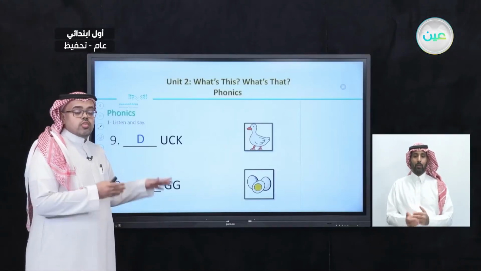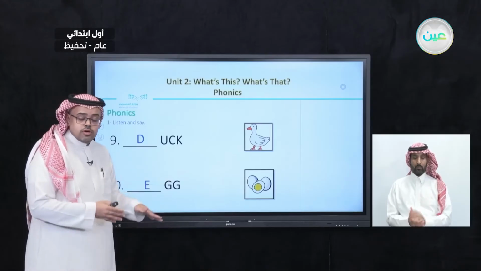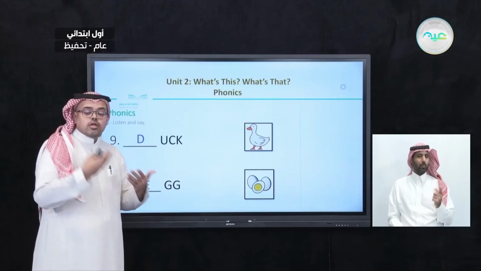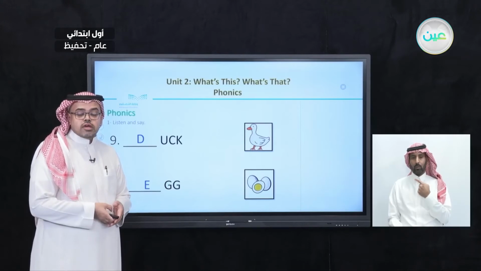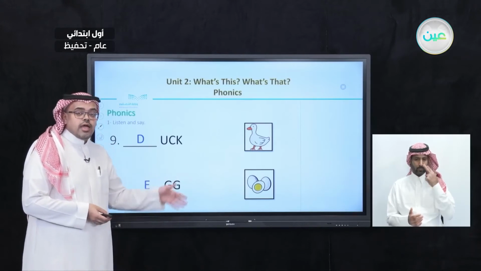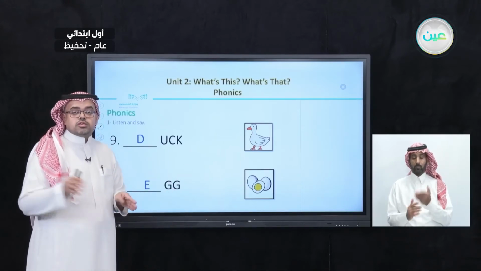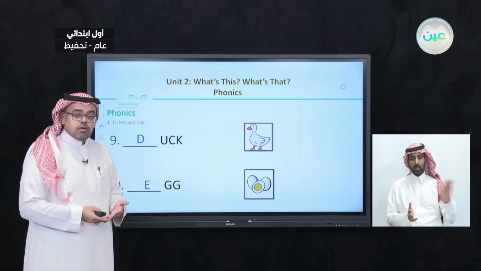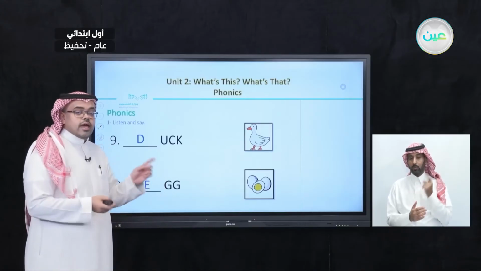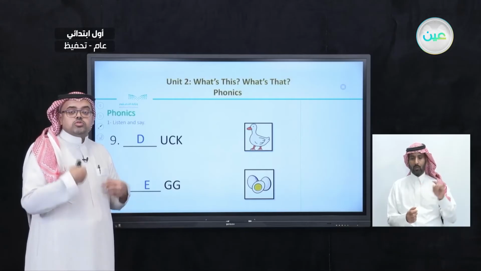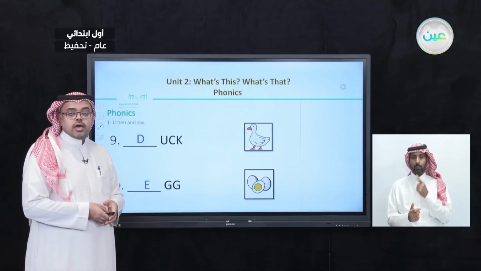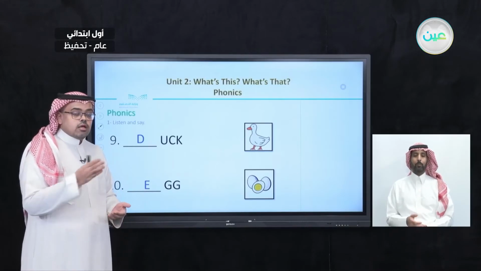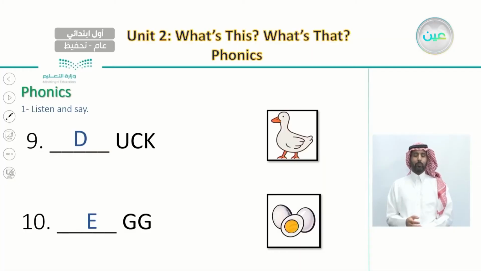So these are the 10 words, and we listen and produce the sound from letter A until letter J. So now we're going to listen again, and we're going to pronounce it and produce it again. Let's do it one more time.